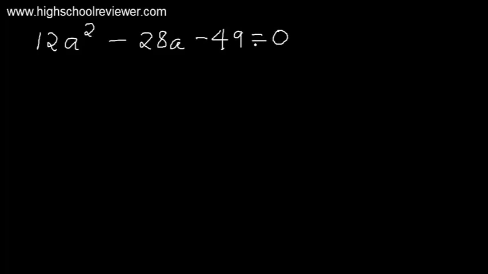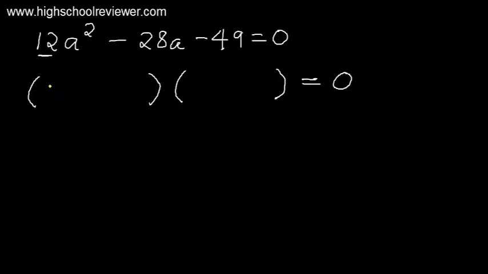So to solve this quadratic equation using factoring, since our first term here has a numerical coefficient before a squared, we are going to first base our factoring on the first term. So there will be two sets of factors, and this is equal to 0. So the factor of 12a squared, let us use the factors.